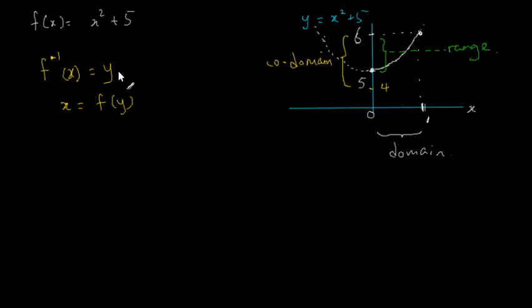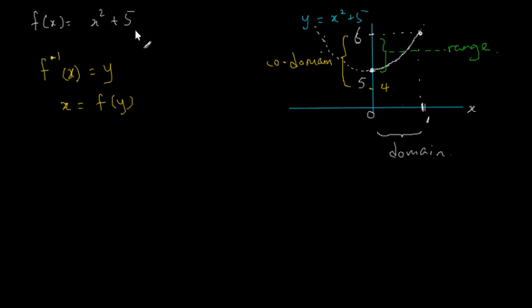So as I described, the answer y is the value that when I put into this original function would give me the x. Or we can just take it that this is what this actually means.